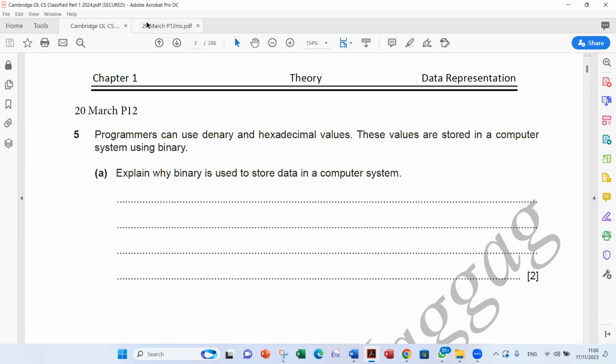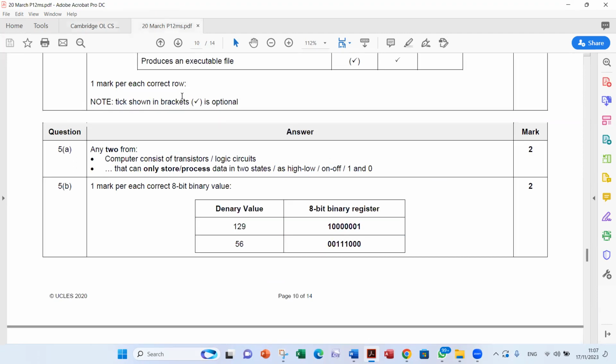Okay, the answer is computers, they don't put any grammar in the mark scheme, so just don't mind. Computer consists of transistors. Just don't mind about the grammar. These are not model answers. These are keywords for examiners to award marks.